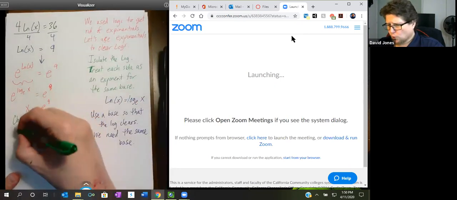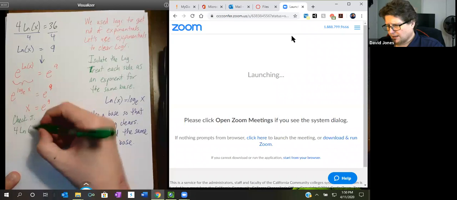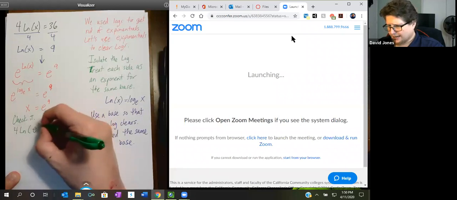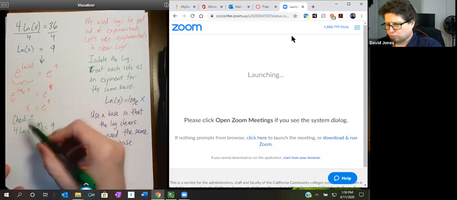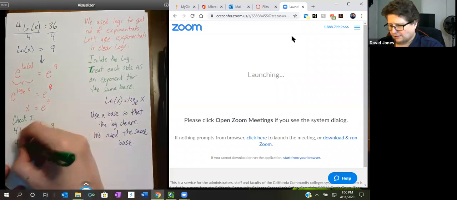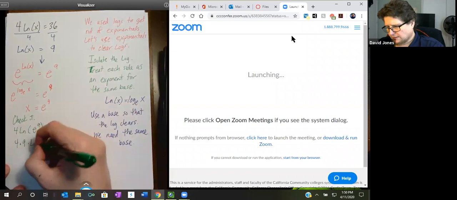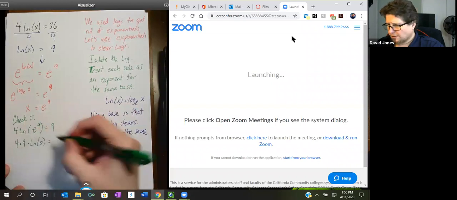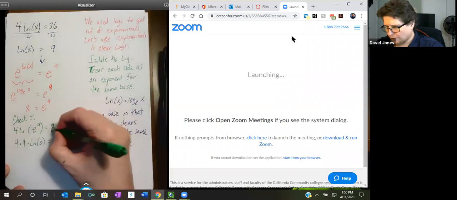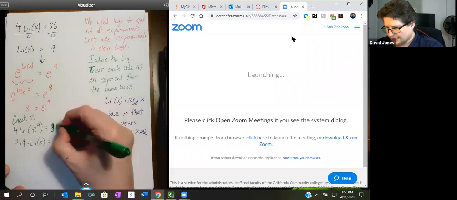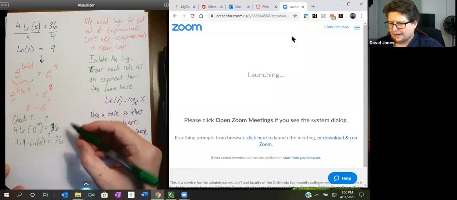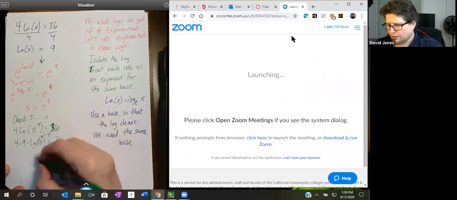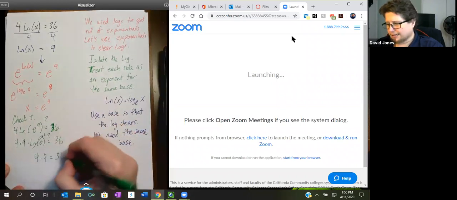I've got 4 natural log of e to the 9th equals 9. I can bring the 9 out front. Not 9, 36. That was the first problem. First problem was 36. Natural log of e is 1. 4 times 9 does equal 36.